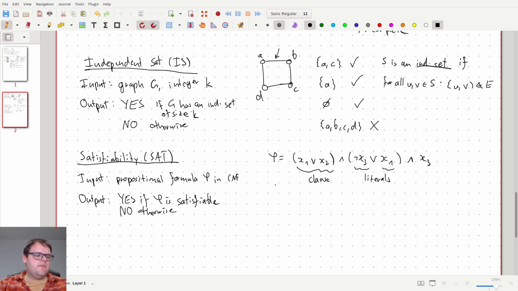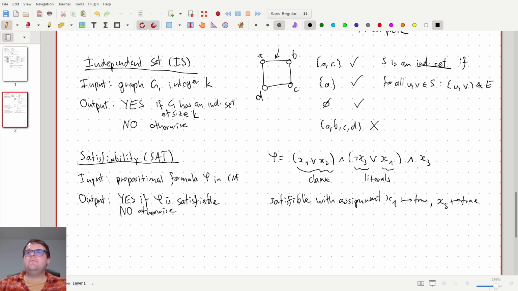So this example, this formula phi, is satisfiable. And why is it satisfiable? It's satisfiable because we have an assignment. So with the assignment x1 becomes true and x3 becomes true, for example.